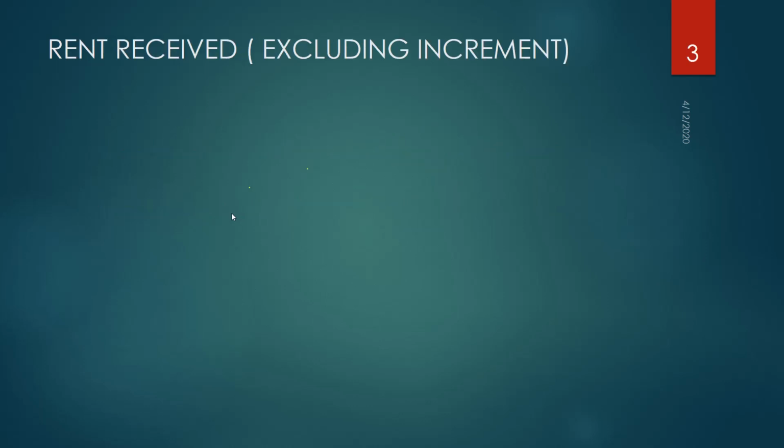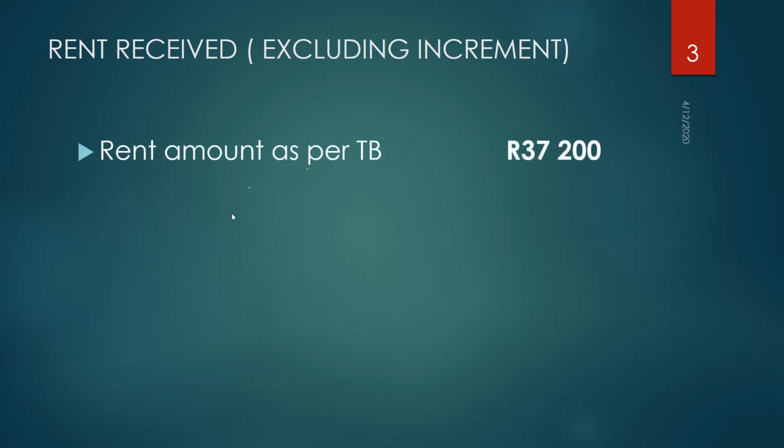Moving along swiftly, we want to determine the rent received excluding the increment. The rent as per the trial balance was 37,200. Remember, that represents 13 months. So we're going to deduct the increment so that we can determine the rent received for 13 months excluding the increment.